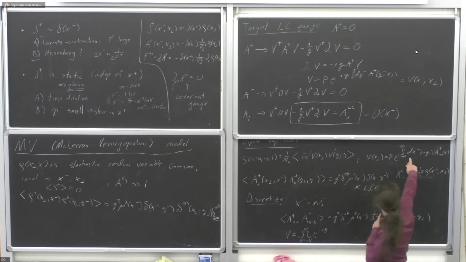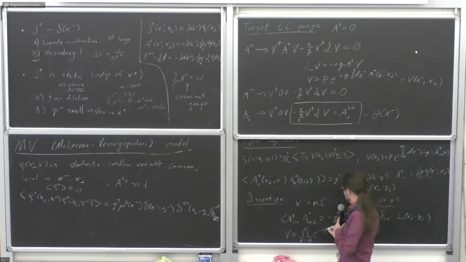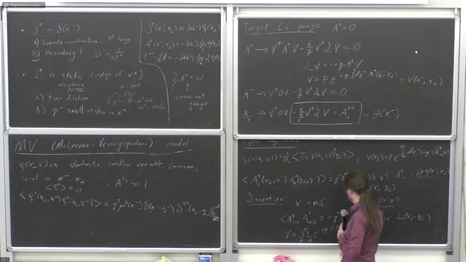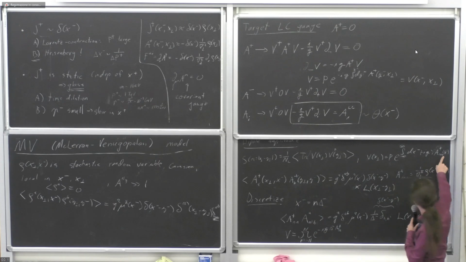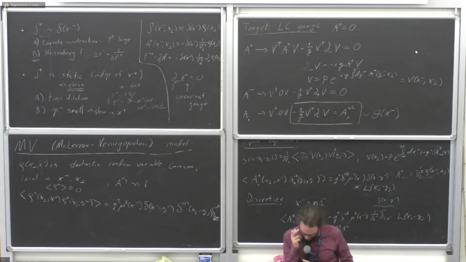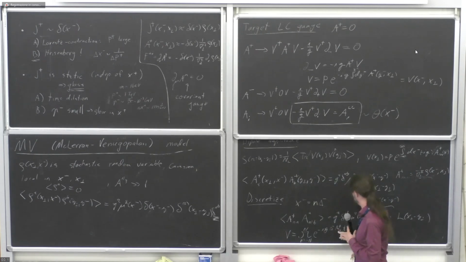I'm discretizing the integral, so this is a delta minus from discretizing the integral, and then an A plus a, let me write the color indices, so this is a color matrix, A plus a t a, and this is now at this n, right?